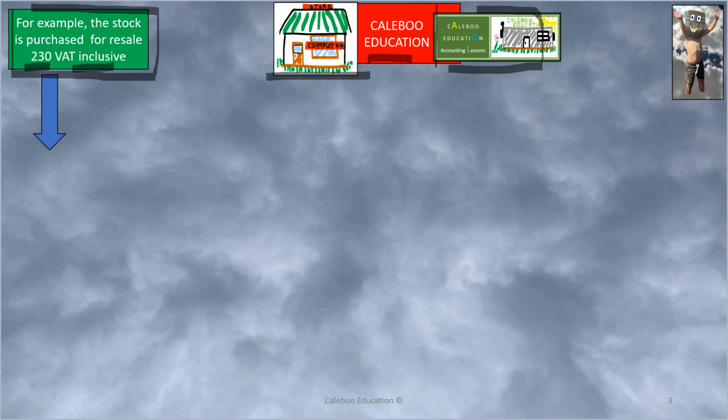First of all, I'm going to take off the VAT input. I'm going to calculate the VAT input to get the original historical cost price excluding VAT. Just a little bit of revision, if you've watched my previous VAT videos, the amount that we purchased the stock from the computer store was 230. That is the inclusive VAT amount.